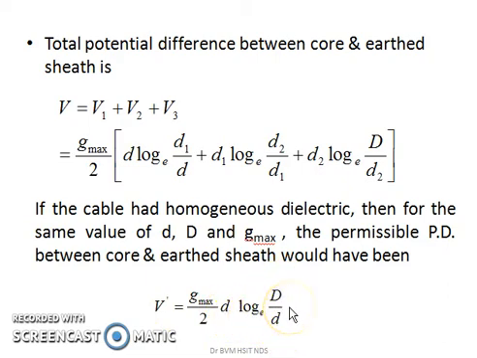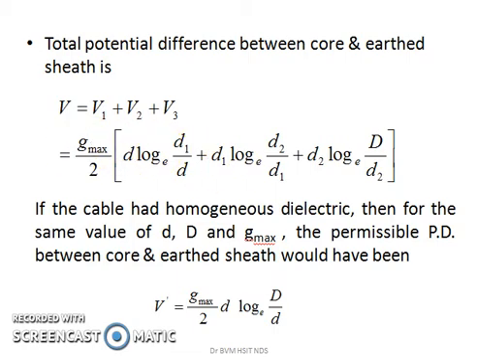This would have been the voltage if we had used the same dielectric. But what we have done is used different dielectrics. Therefore, can you observe the difference here? I mean to say that your voltage is divided.